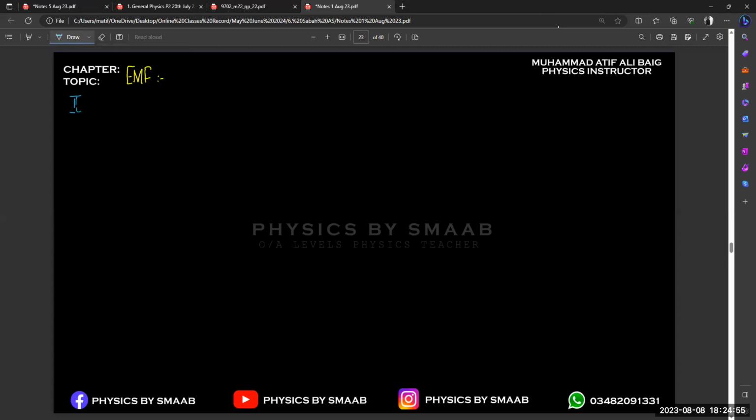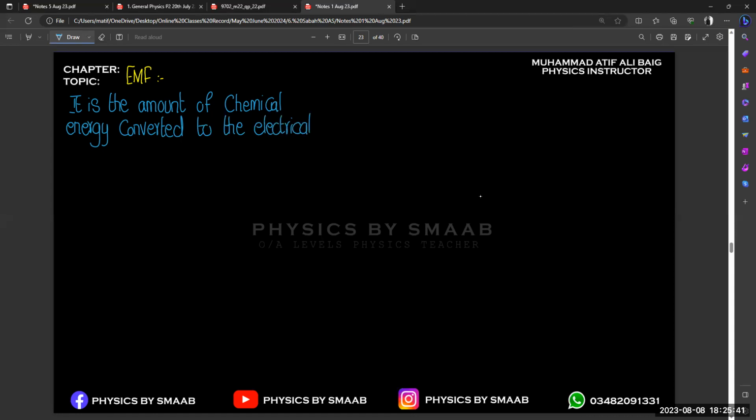So basically we can say that EMF is the amount of chemical energy converted to electrical energy per coulomb of charge that passes through a power supply.